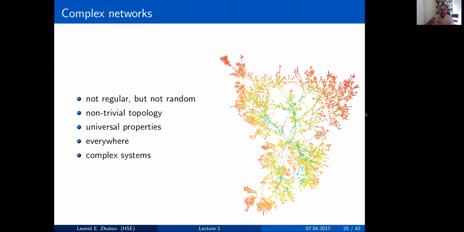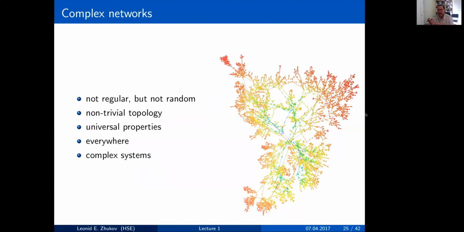They're not just a grid, but they're obviously not completely random. There is some structure in there, and it's very non-trivial. Non-trivial means the way things are connected is not easy to describe. It's not easy to give you a simple formula that would describe the connectivity pattern.